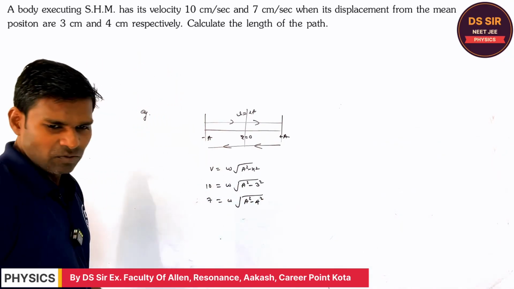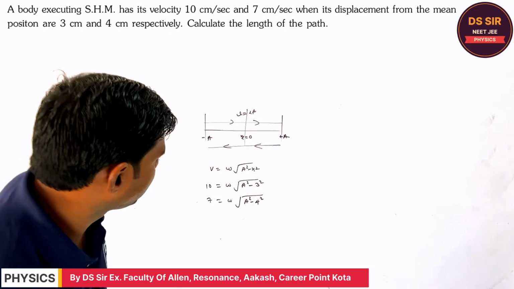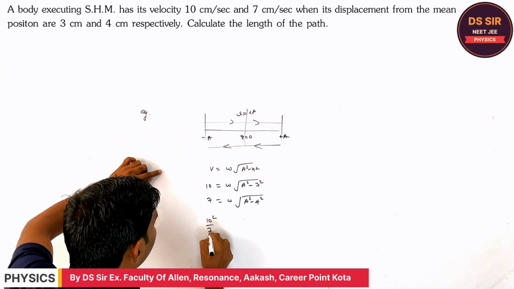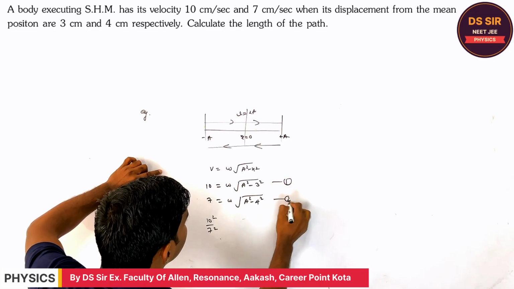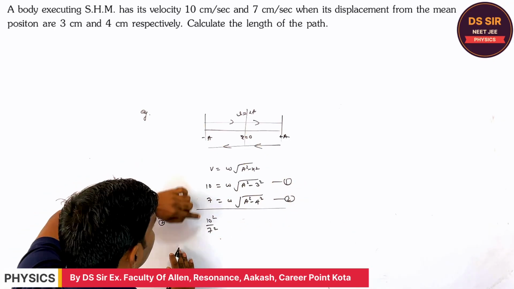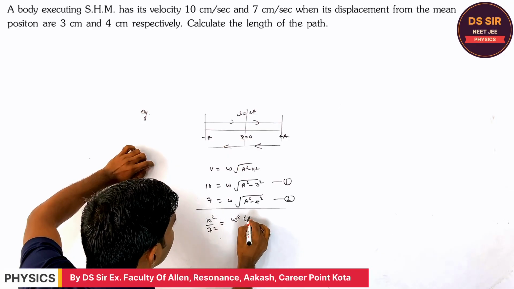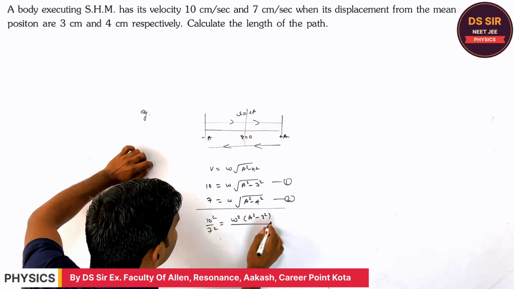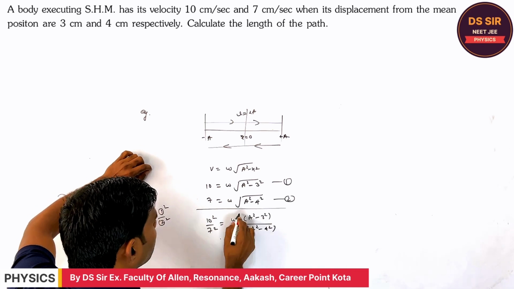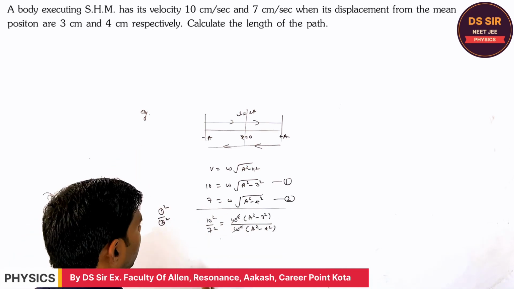So we have to find the value of A with the help of this. To find this, just square them and divide. This is equation number 1, equation number 2. So ω² (A² − 3²) and ω² (A² − 4²). Only then you can find the amplitude.